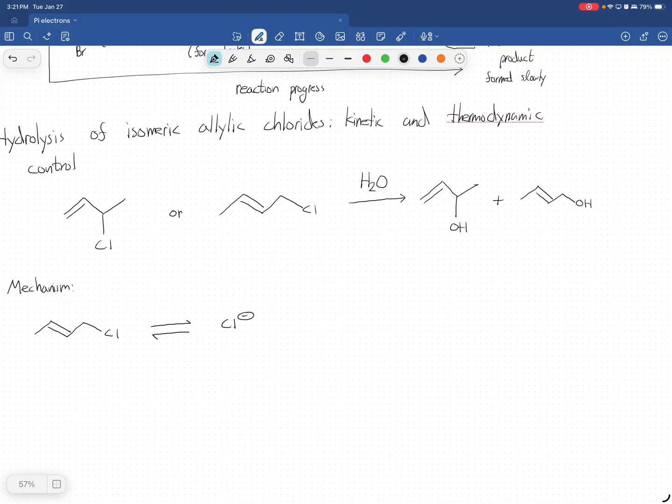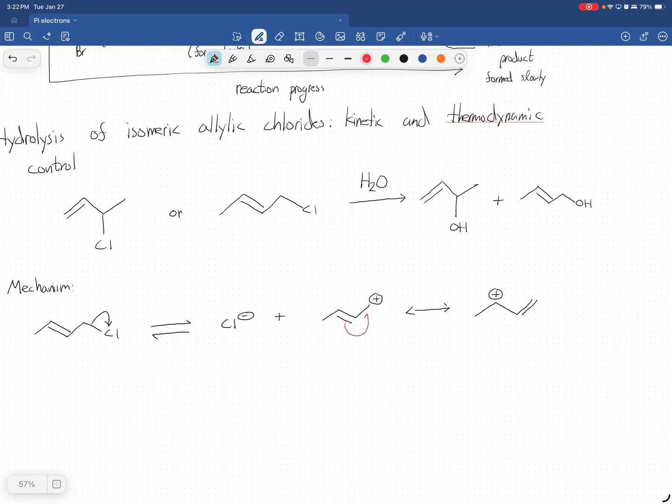So we're going to generate this chloride ion. So this chloride is actually going to leave right here. Okay. So what happens here, we're going to generate a carbocation. And what can the carbocation do? Resonance, right? So we can move the carbocation to this position, right?